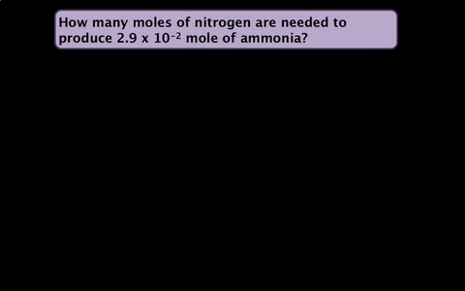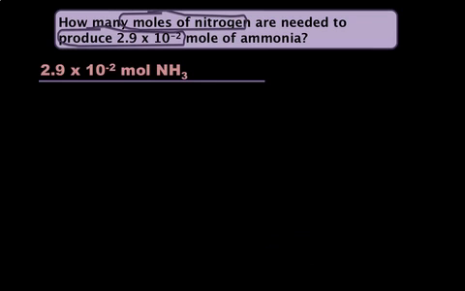How many moles of nitrogen are needed to produce 2.9 times 10 to the negative 2 moles of ammonia? There's my known, and there's my unknown. I'm going to start with my known, 2.9 times 10 to the negative 2 moles of ammonia over 1. I'm going to put moles of ammonia on the bottom and moles of nitrogen on the top. I know I don't have this on the screen, but it's the same as the last balanced equation.